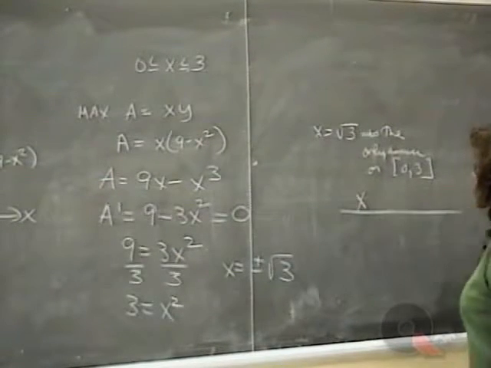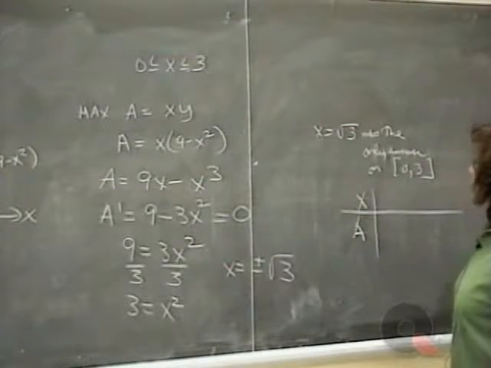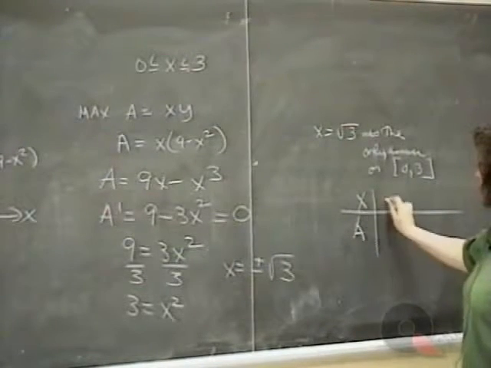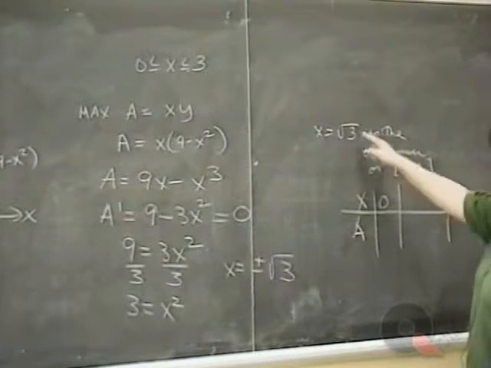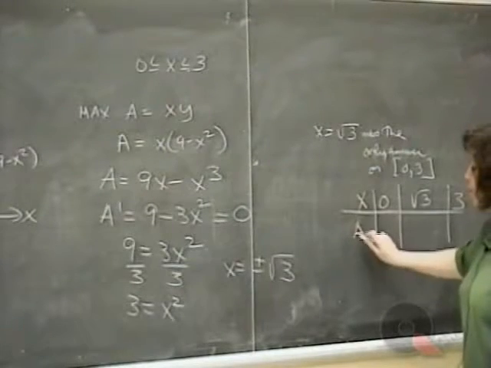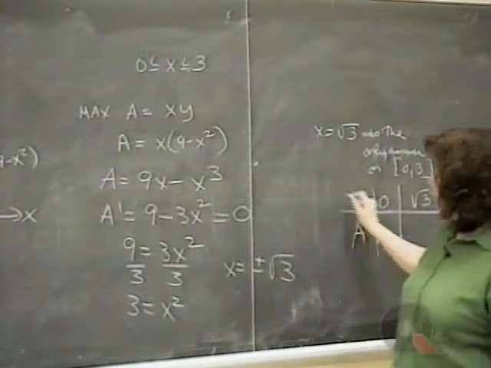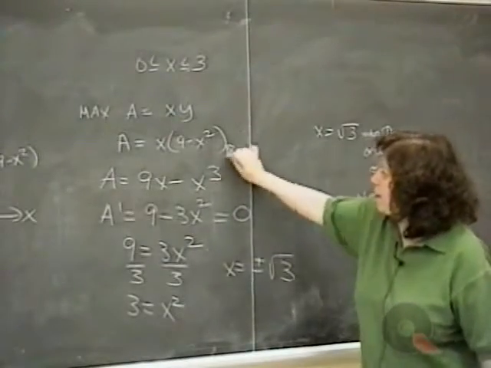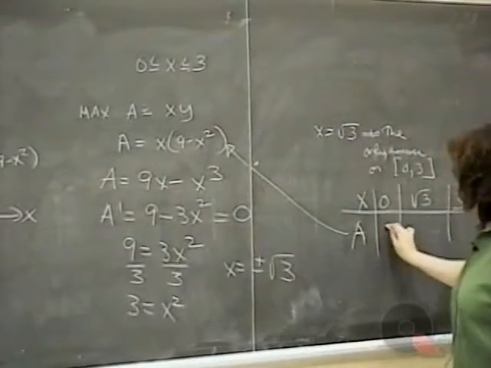And if we make ourselves a chart, x against the area, we have x equal to 0, x equal to 3, and the only critical number that we got was the square root of 3. The area in these two cases: if x is 0, going back in here, the area is 0 times 9, which is 0.